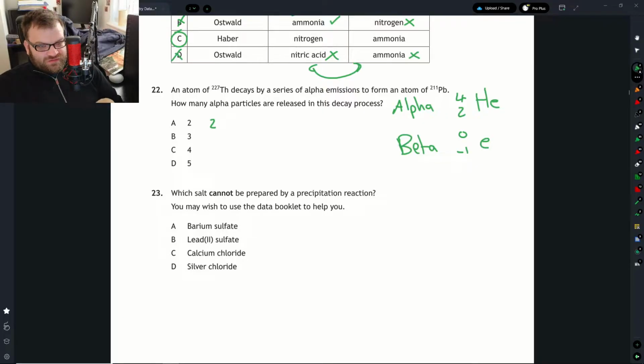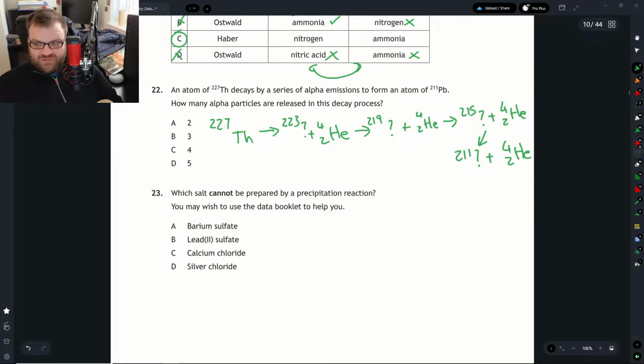We are starting off with a mass of 227. If that then loses an alpha particle, it will lose 4 from its mass number. So from 227, it would go to 223. We're not quite there yet. So we could repeat that and keep going until we get to the final value that we've got. Like so.